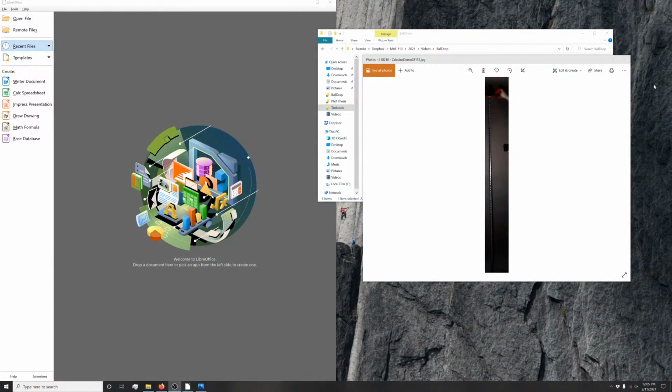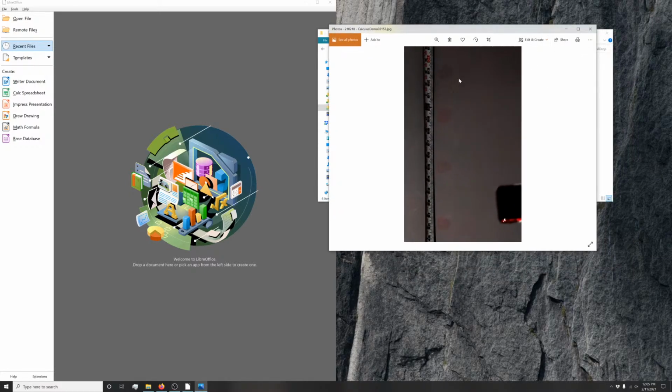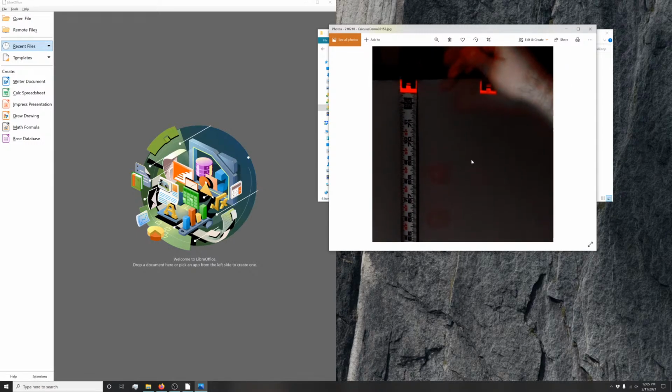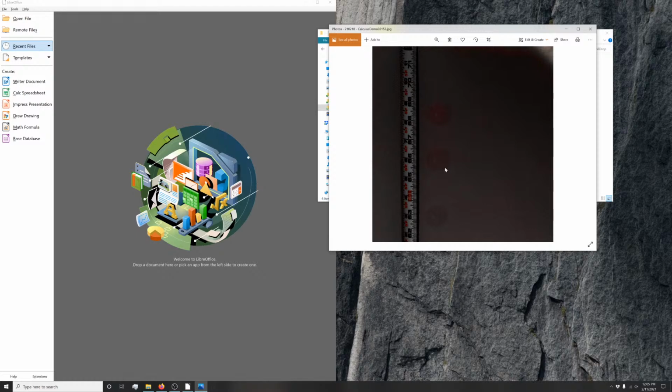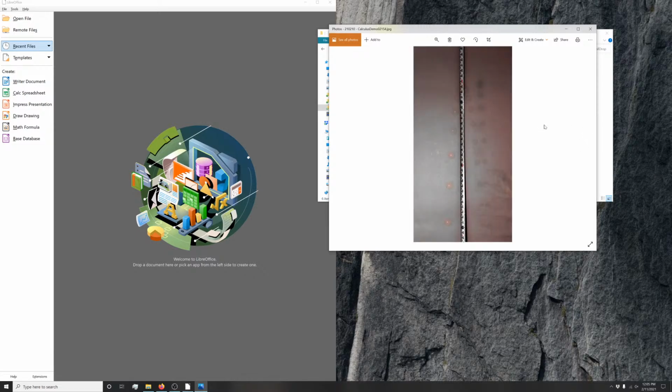So now we can have a look on our screen here, and the nice thing is we can increase and zoom in on it, and we can actually have a measurement of where the ball was at each time step.